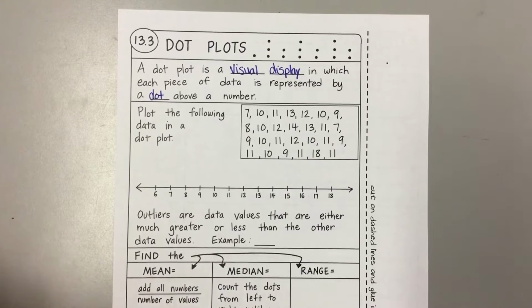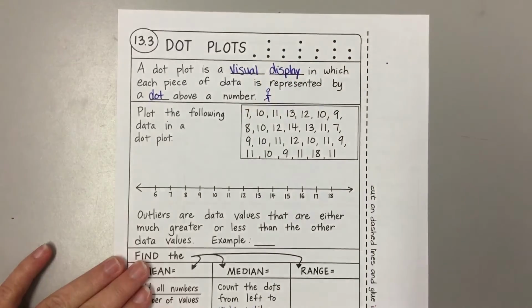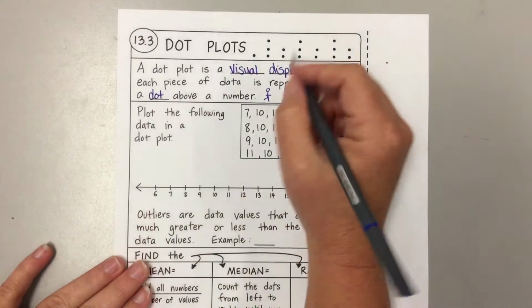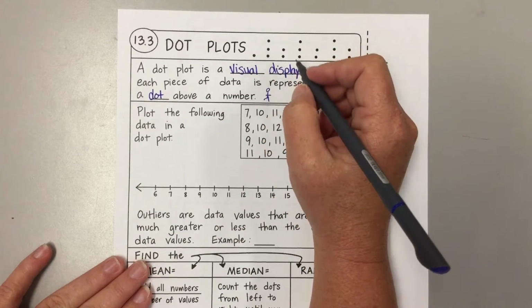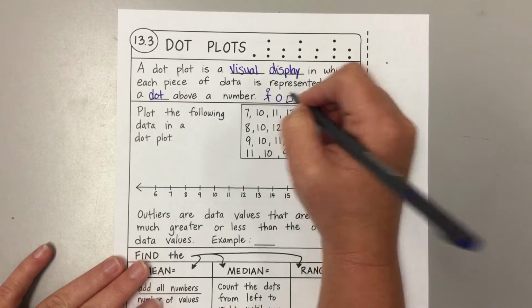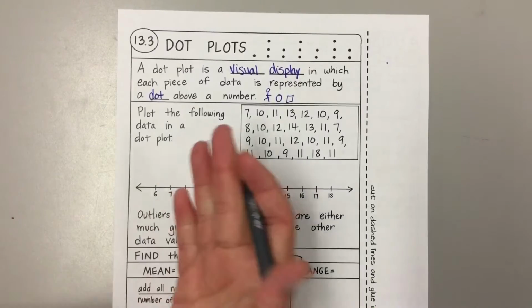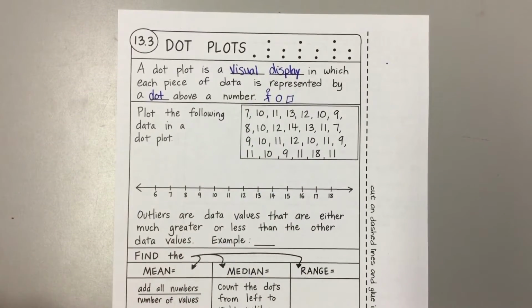Now, sometimes people may not use dots, they may use little figures like a stick person, or maybe they might want to use a circle or a box. It's just some kind of picture. Most of the time, a dot plot usually uses a dot.